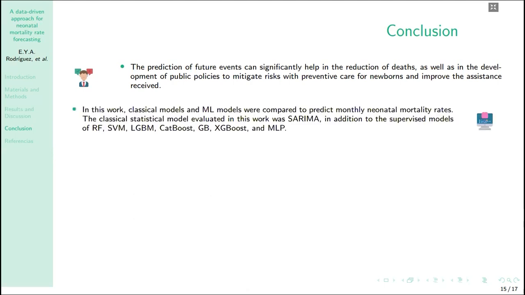In this work, classical models and machine learning models were compared to predict monthly neonatal mortality rates. The classical statistical model evaluated in this work was SARIMA, in addition to the supervised models of random forest, support vector machine, light gradient boosting machine, categorical boosting, gradient boosting, extreme gradient boosting, and multi-layer perceptron.